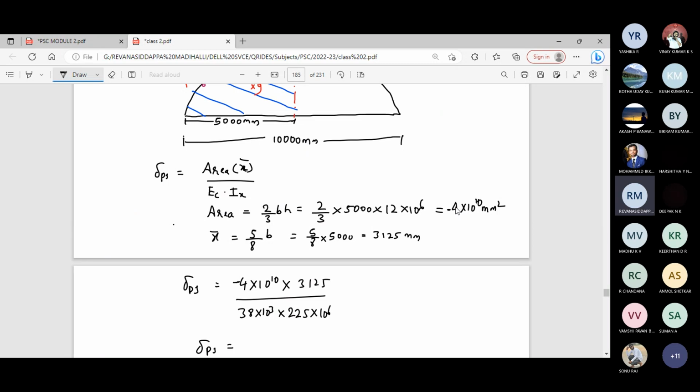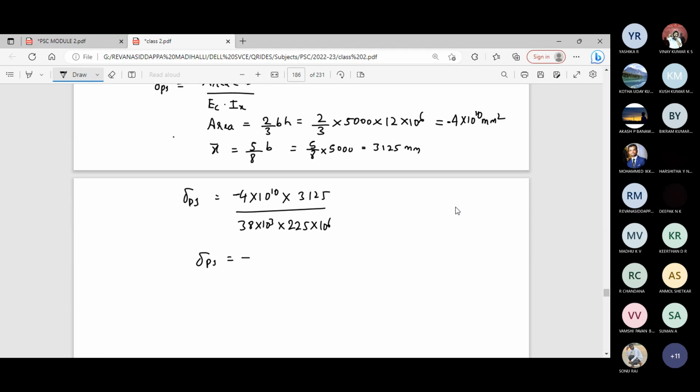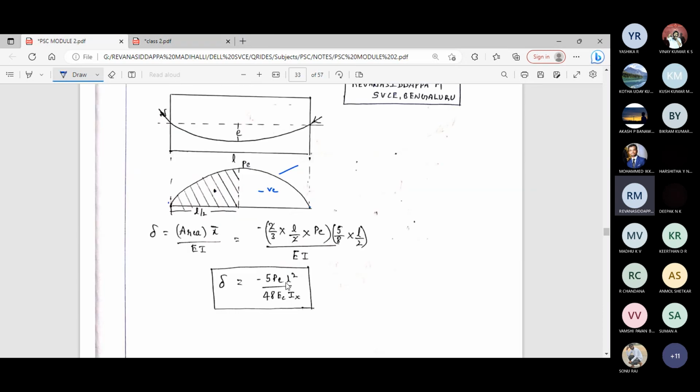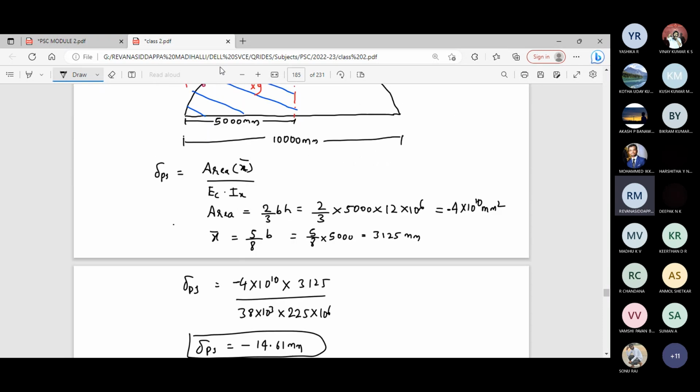The final answer is minus 14.61 mm. Or else you can directly use this formula, minus 5 by 48 PL square by EC into I, if you are able to remember it. Otherwise you follow this method, area into x bar by EI, which is simpler and easy to calculate.